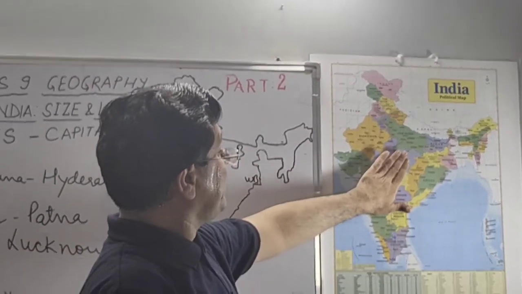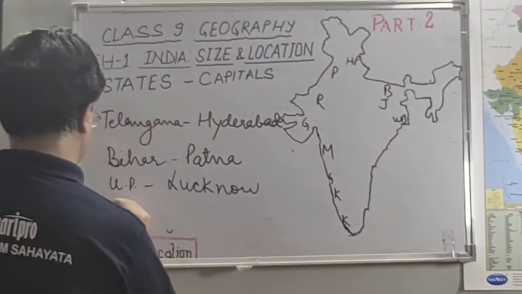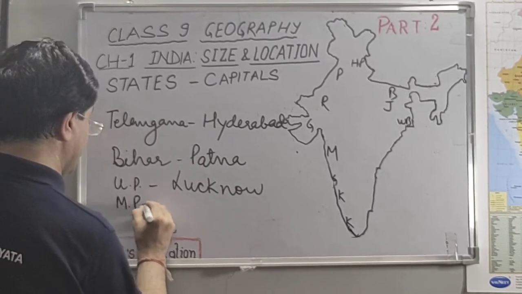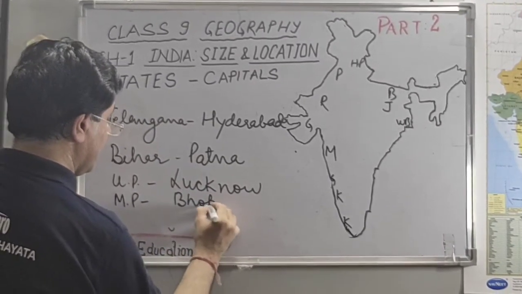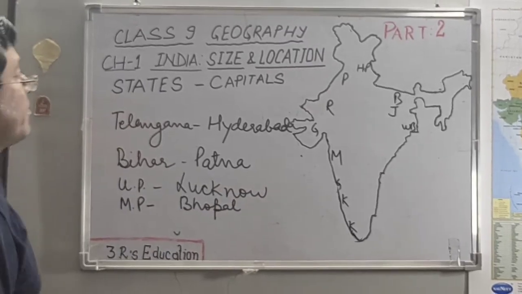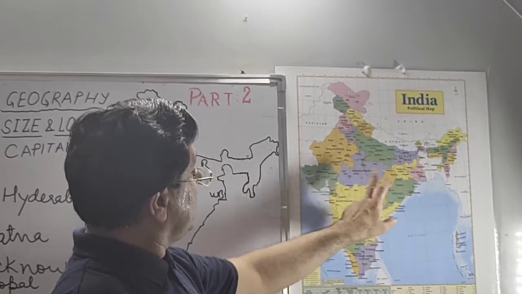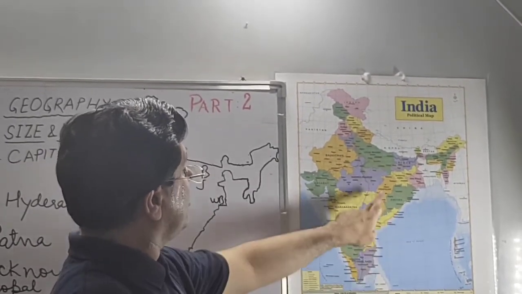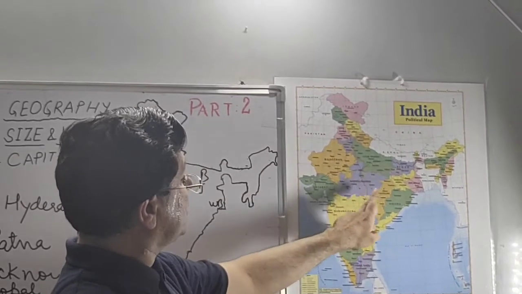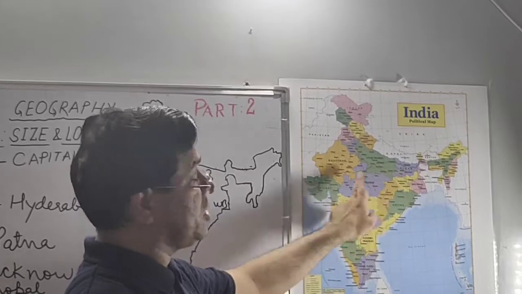So an appropriate name is given to the state Madhya Pradesh. Its capital is Bhopal. Okay. And we have another state which is again neither located on any coastal location nor does it have any international boundary, that is Chhattisgarh, which was carved out from Madhya Pradesh only.